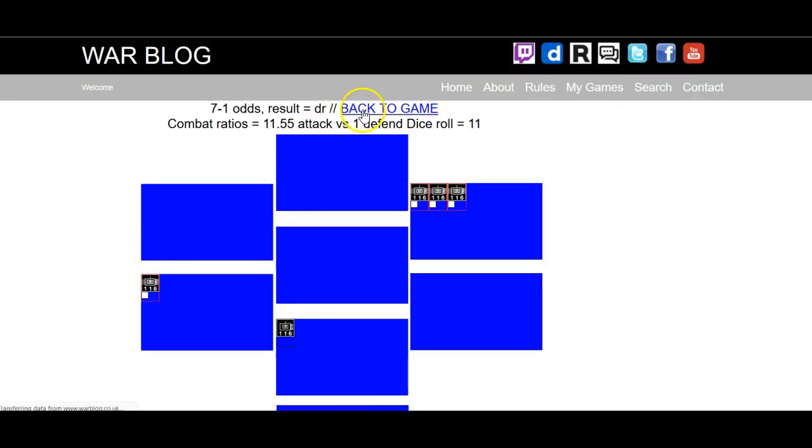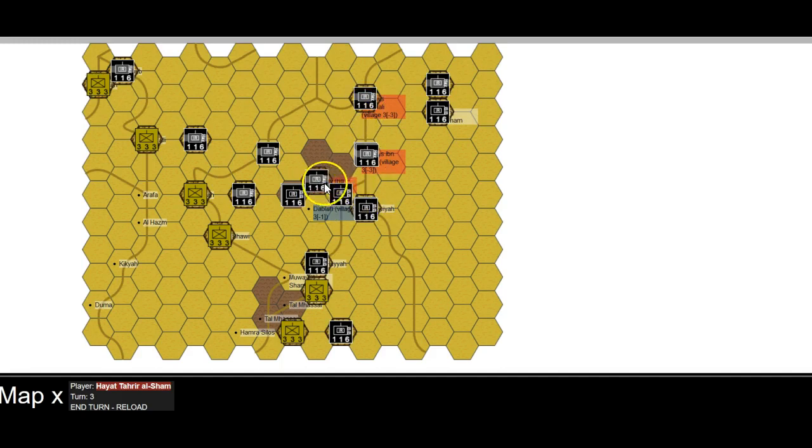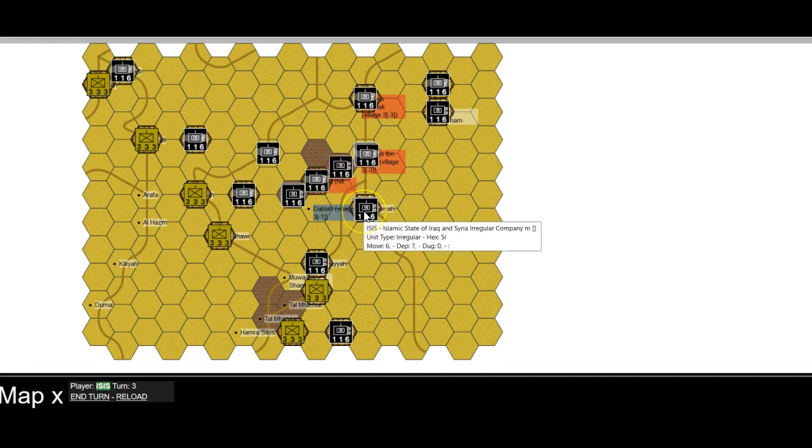A DR. So we managed to push both these units back, giving them greater depression factors. So this unit is now almost as depressed as this unit, and it's the ISIS turn. Now, I think we're going to have to have a go at this.